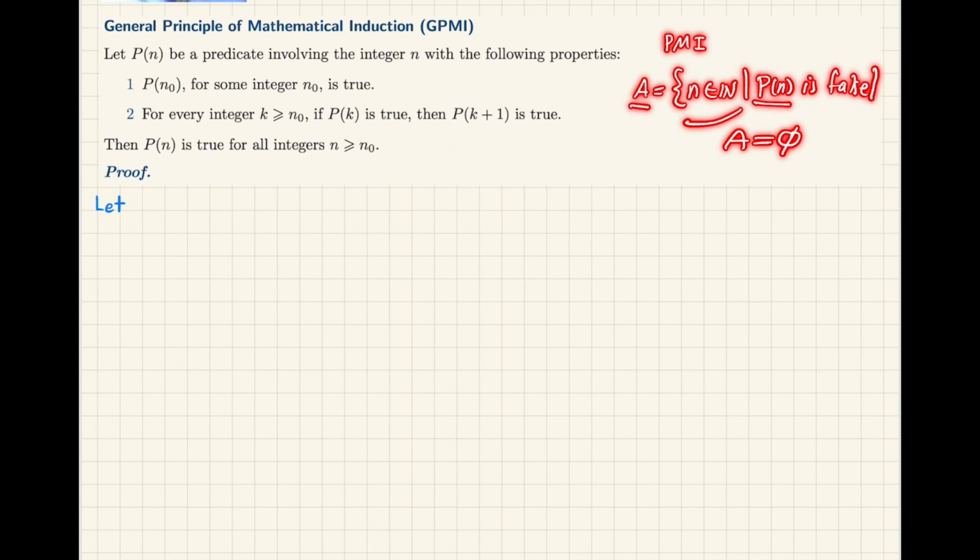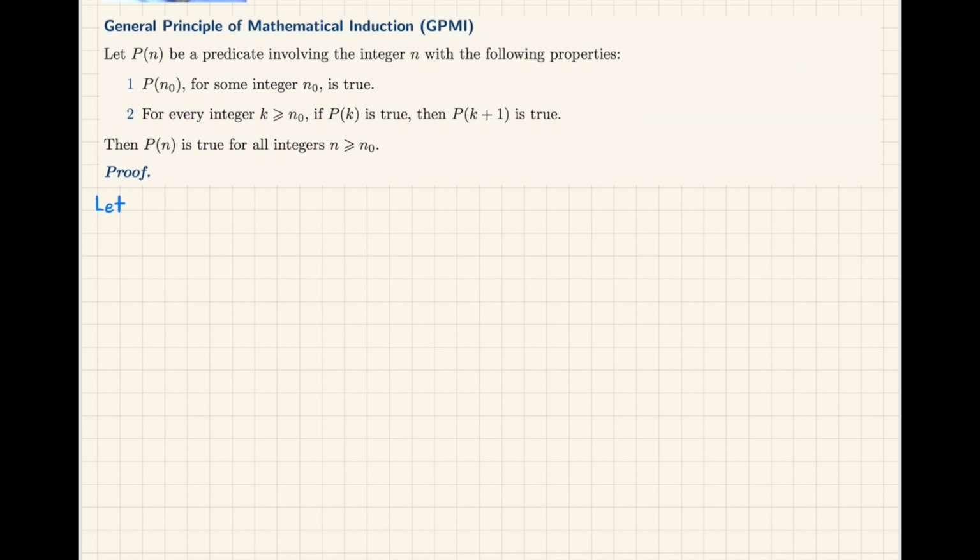Okay, so let A be the set of all natural numbers such that p of n plus n node minus 1 is false. Okay? So I have done this shift of n node minus 1.